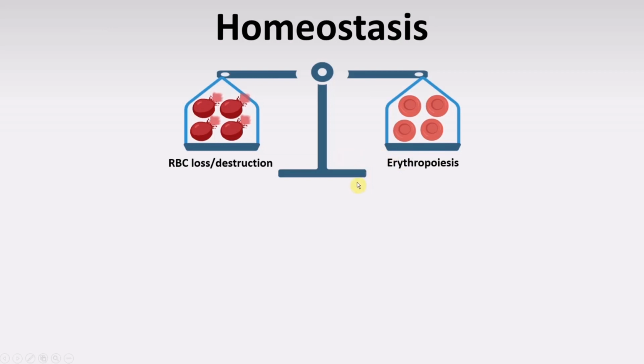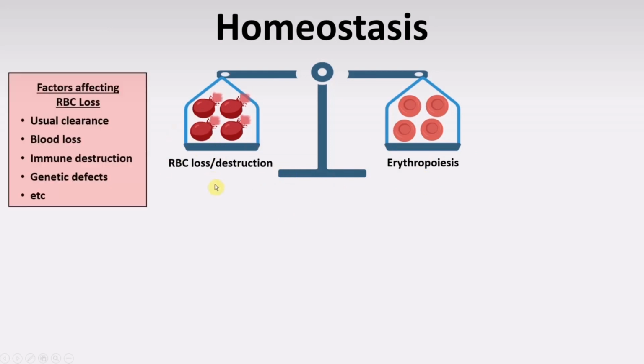When we look at erythropoiesis, there's always a need to balance the loss of RBC versus the gain or the production of RBC itself. Factors that affect the loss of RBCs include the usual clearance of red blood cells, or acute blood loss, for example, somebody involved in an accident. There can also be immune disruption of red blood cells, for example, transfusion of the wrong blood group, or an autoimmune disease that hits our own RBC.